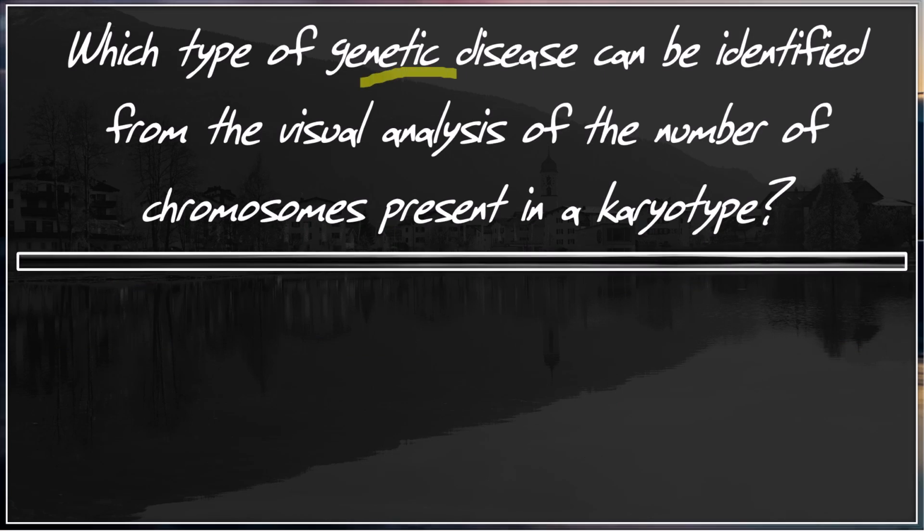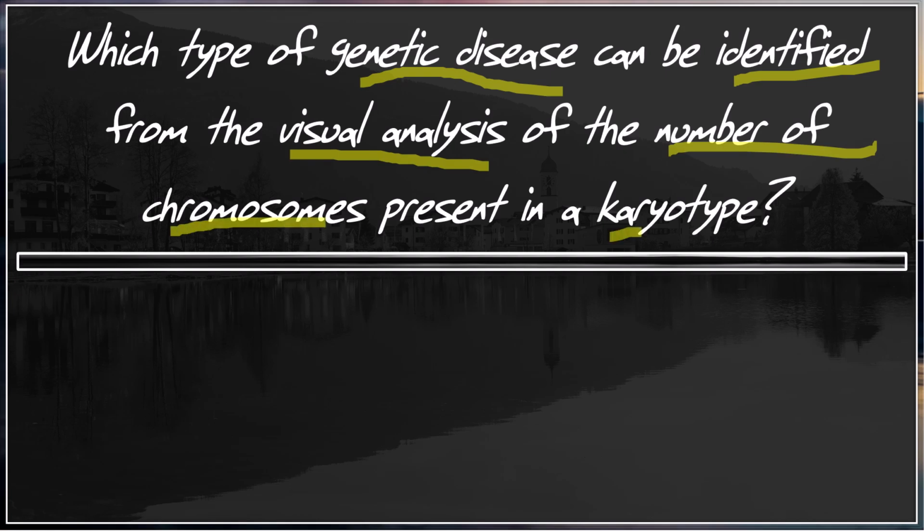Which type of genetic disease can be identified from the visual analysis of the number of chromosomes present in a karyotype?